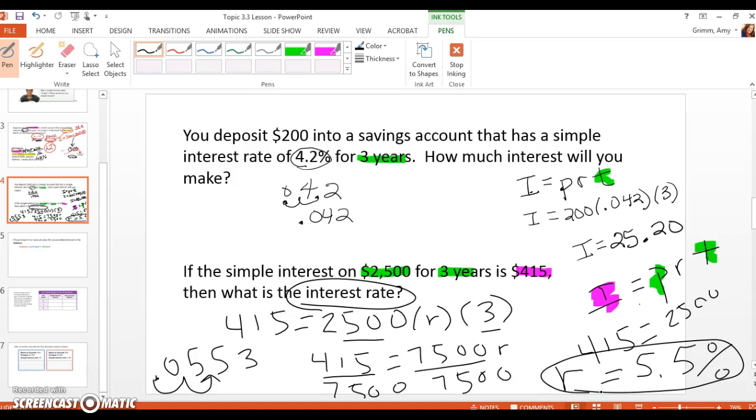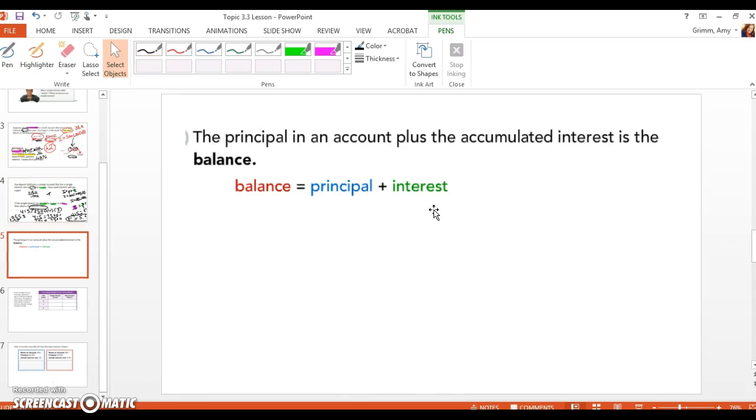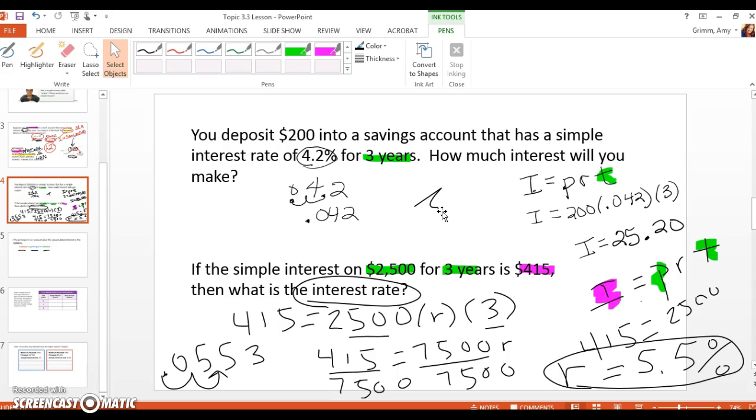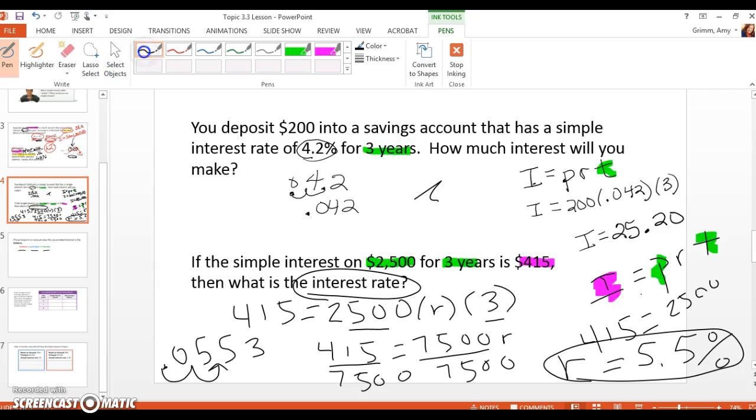Okay? All right, the next part I need to make sure that I show you, which is kind of what I was talking about in this top one up here, is if you look at the next slide, that when we take balance, to get the balance in your account, we have to take the principal and add the interest to it. So if I look back at the slide before, we said that the deposit was 200, so that was our principal. And the stuff I added to it was 25.20.